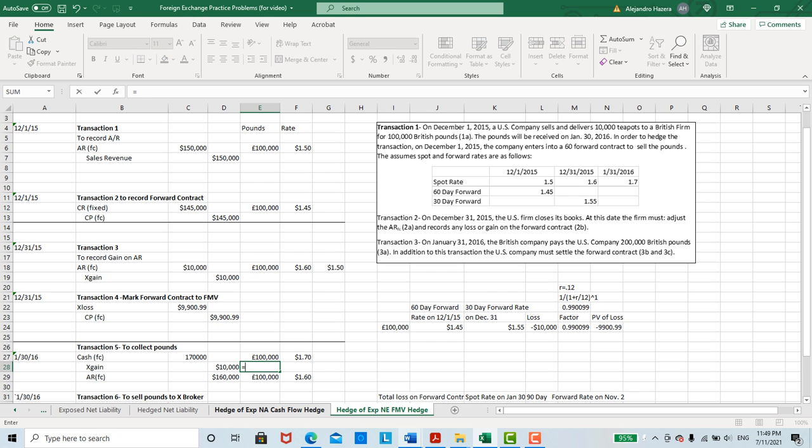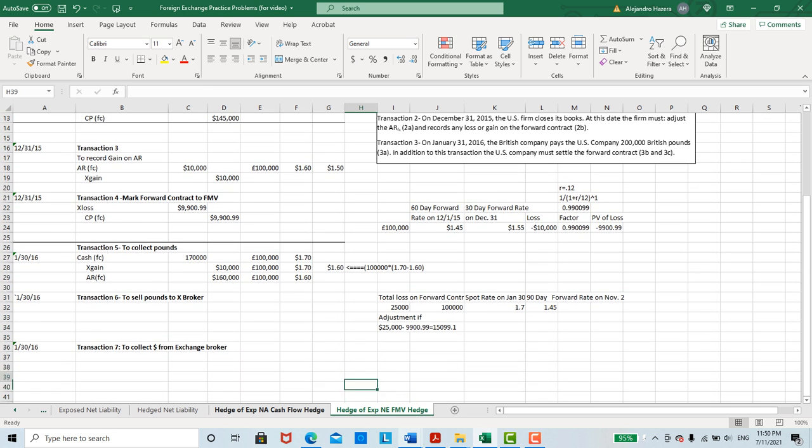The other way would be to take 100,000 units of foreign currency times the difference between 1.70 minus 1.60. That's the other way you could calculate that.